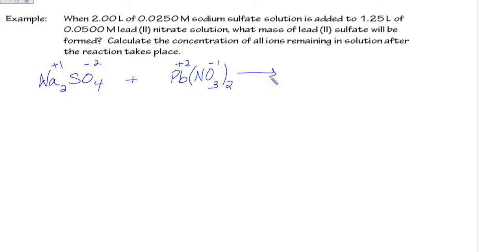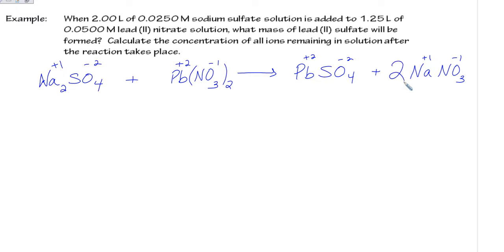I'll bring lead with sulfate, sodium with nitrate, and check all the charges. Plus 2, minus 2. I like that. Plus 1, minus 1. Sweet. And last thing we should do is balance this, huh? I need 2 sodiums and 2 nitrates.